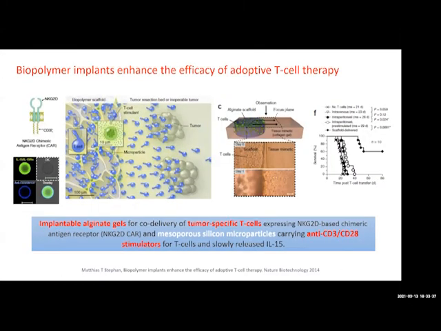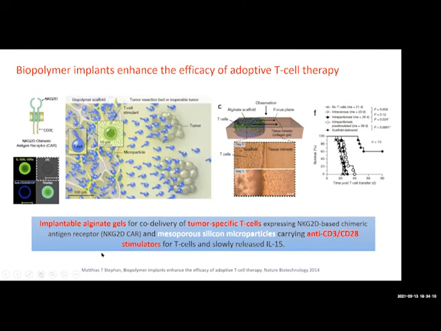There is also, not to take so much time, I know time is limited, another publication that encapsulated tumor-specific T cells, after some genetic engineering of the T cell receptor, into an implantable alginate gel. This implantable alginate gel contains these activated T cells and also mesoporous silicon microparticles that carry antibodies like anti-CD3 and anti-CD28 antibodies.